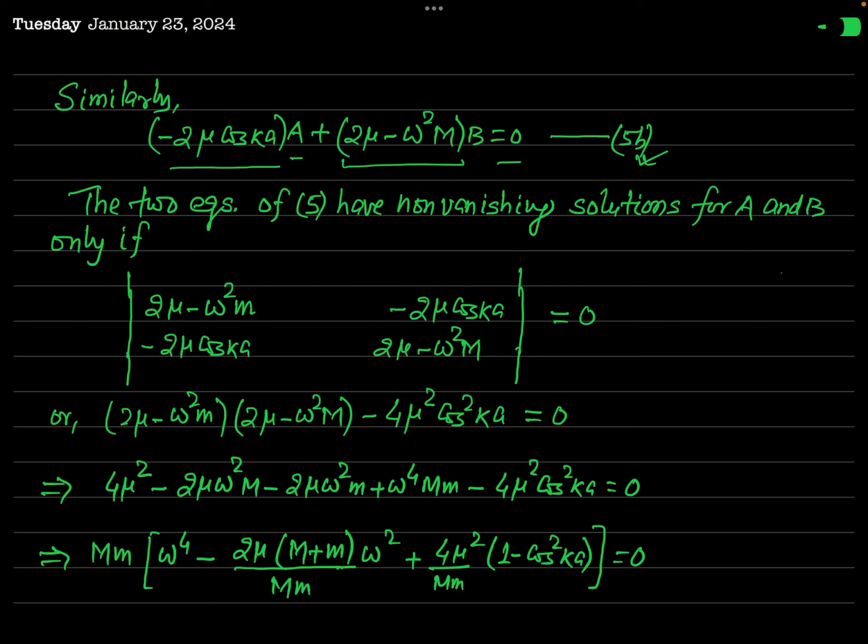And according to the theory of determinants, these equations will have non-zero or non-vanishing solutions for a and b only when the determinant of the coefficients of a and b vanishes, that is, is 0. This is in accordance with the theory of determinants. So on this basis you can take that the determinant of the coefficients of a and b in equations 5a and 5b must be equal to 0.